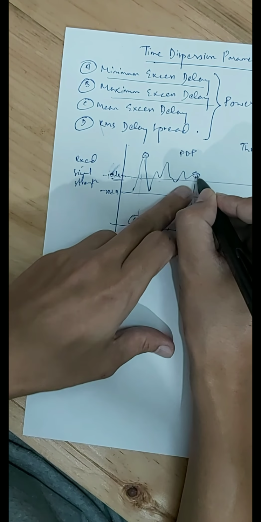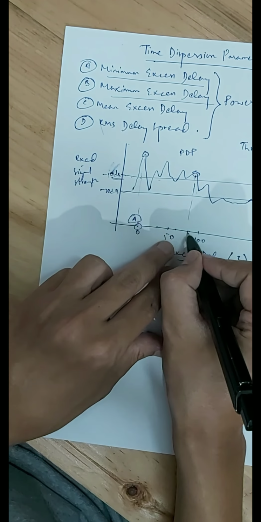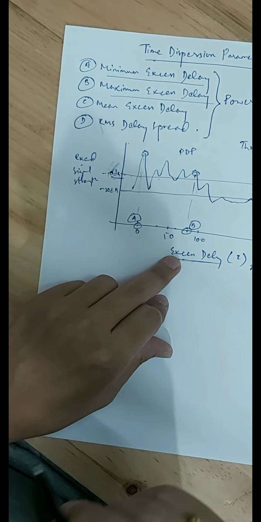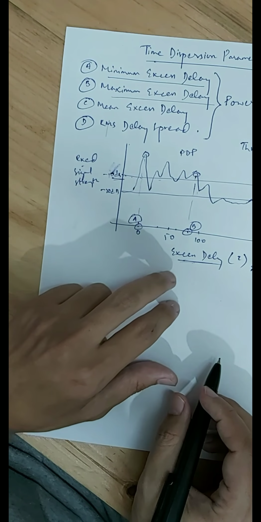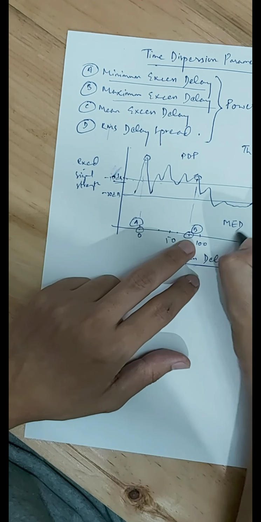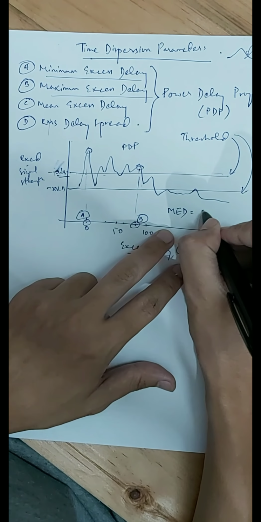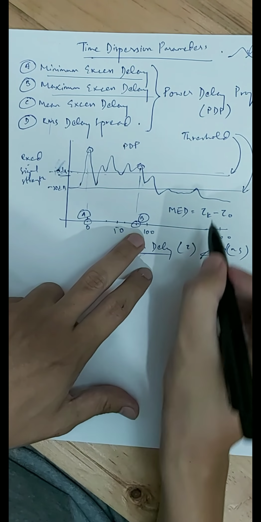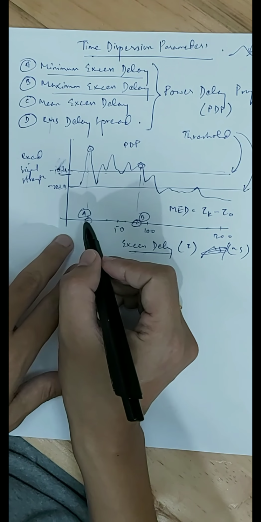This is the last peak before it goes below this threshold, and this is my corresponding excess delay. This is our maximum excess delay, and usually it is calculated by a formula: tau k minus tau 0. What is tau k? Tau k is this value and tau 0 is this value.